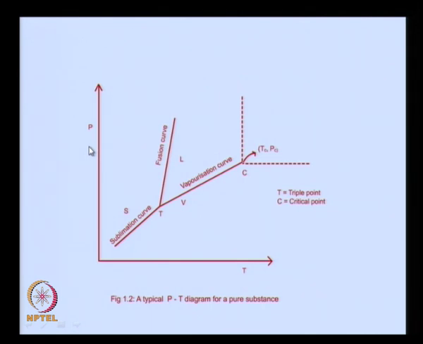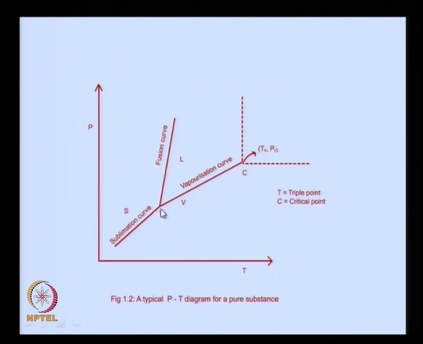We need to interpret this, as we saw earlier, as the space consisting of certain values of temperature and corresponding values of pressure. This is the sublimation curve, which is essentially a demarcating line between the region where the solid exists and the vapor exists.